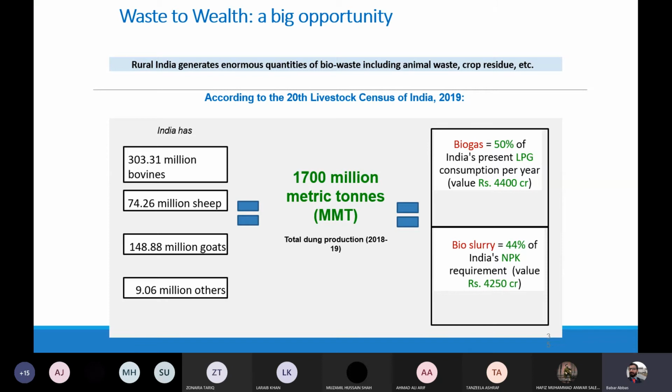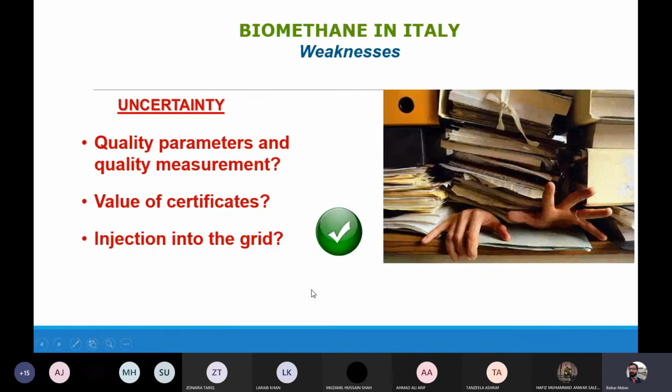4,250 crore, almost the same amount of rupees, can be saved if all this waste is converted to biogas effectively. So you can see the impact of your different types of waste on your revenues.